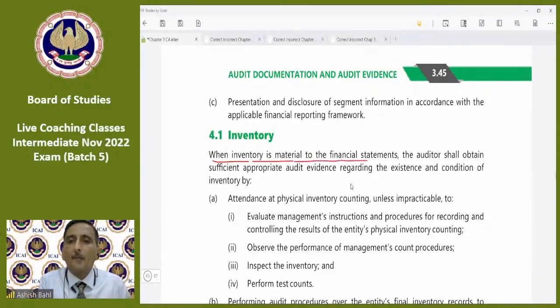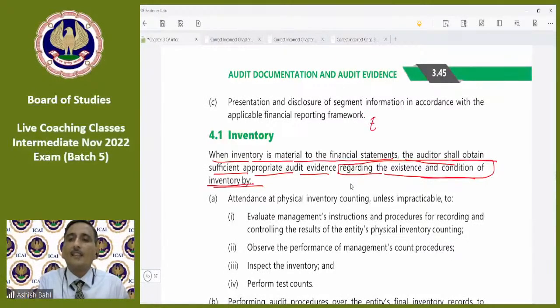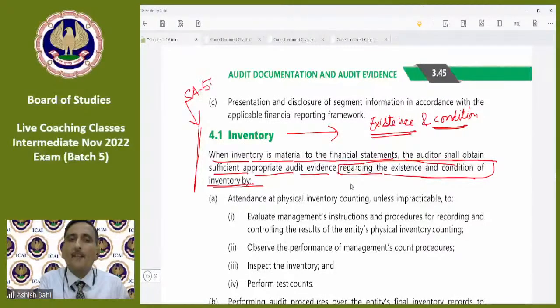When inventory is material to the financial statements, the auditor shall obtain sufficient appropriate audit evidence regarding the existence and condition of inventory. Now these two words are most important. The auditor is concerned with the existence and condition of inventories. Now we are discussing the audit procedures to be applied by the auditor regarding existence and condition of inventories as per SA 501.